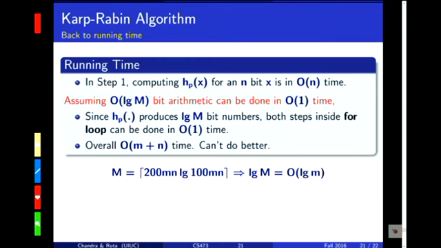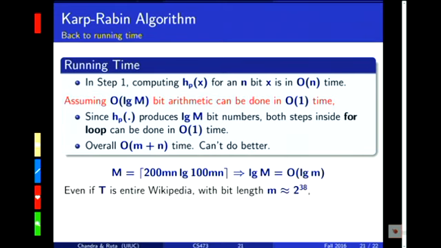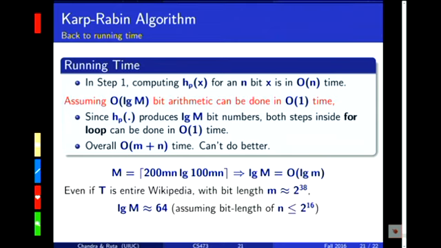Okay. So now let's say T, as we started, is entire Wikipedia. And we had counted the number of bits roughly to be 2 to the 38. And let's say my n is not too big, but it could be order of 2 to the 16 or something. Then if I put in all of these numbers here and count log m, it will turn out to be around 64.